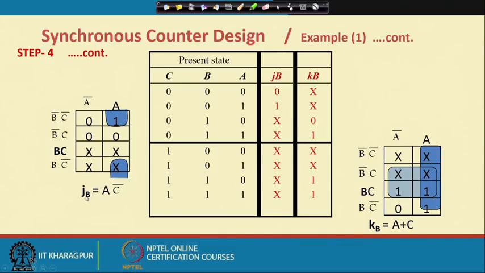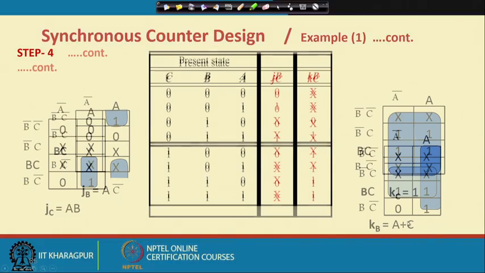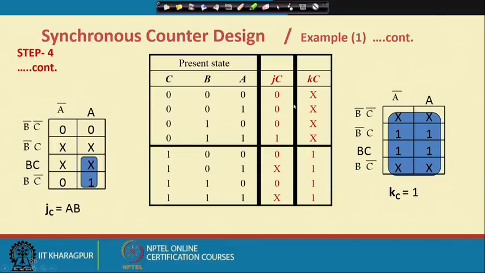The function that we are getting is J B equal to A C bar and K B equal to A plus C, and the same thing we do for the C flip flop. We again take out the present state portions and the J C K C columns, draw the truth table, make the Karnaugh map and do minimization, and J C turns out to be A B and K C turns out to be 1.